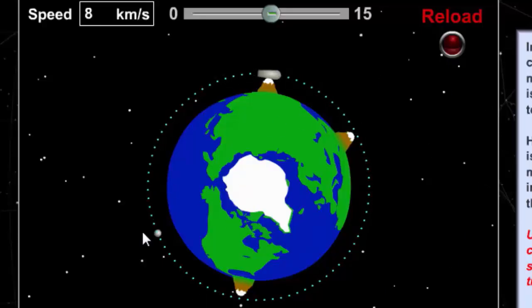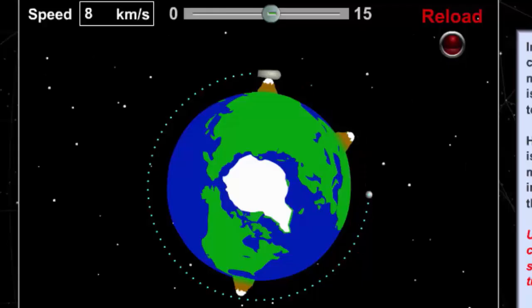So actually the cannonball is falling toward the earth, but it's falling in an orbit. We call this velocity orbital velocity, which is the minimum velocity needed to put the object in an orbit around the earth. And its value is 8 kilometers per second. And it depends on the distance between the object in orbit and the surface of the earth.